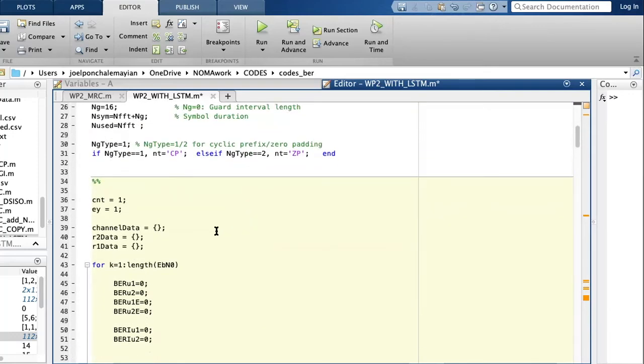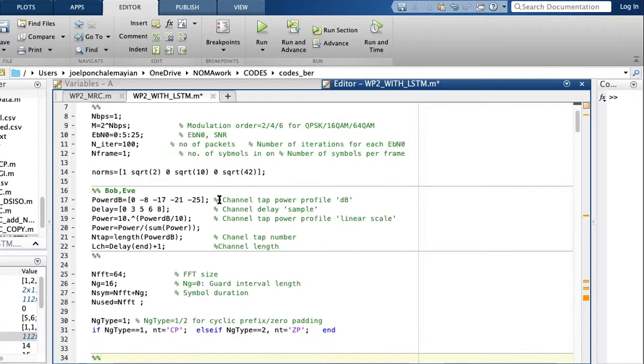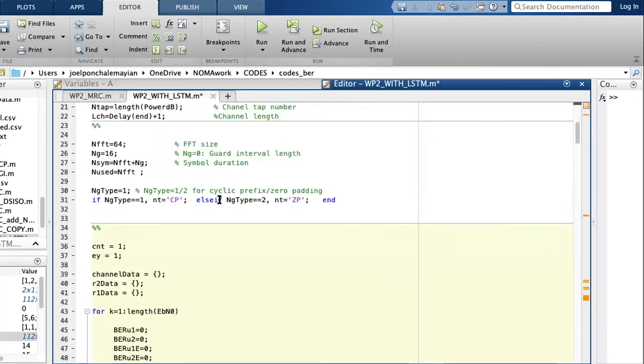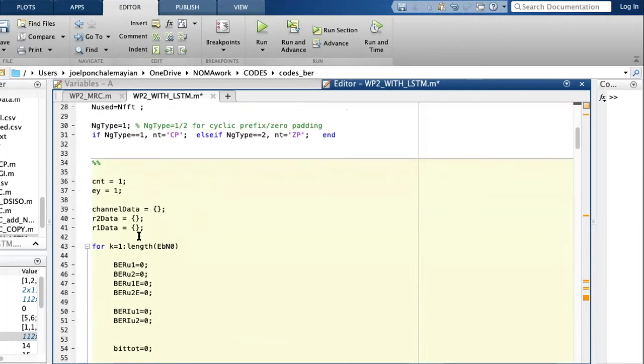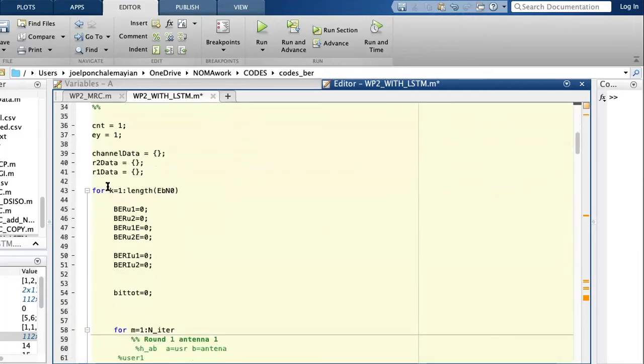Okay, so as the professor said, everything before this for loop is simply parameters that we use inside this for loop. And we have two for loops here. This first for loop goes through every single SNR, which stands for signal to noise ratio.